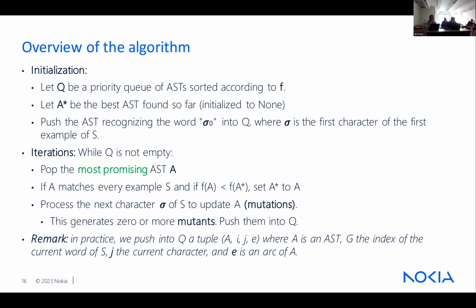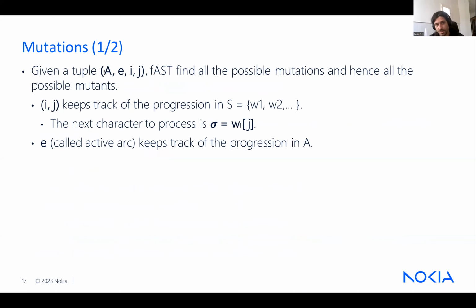I'm not sure if I understand, but there is somehow a growing phase where you go from ASTs that don't recognize the examples to the first time when you see an AST that recognizes all of them. Yeah, basically a solution is these four values. A is the AST, and I and J represent where we are at in the examples.